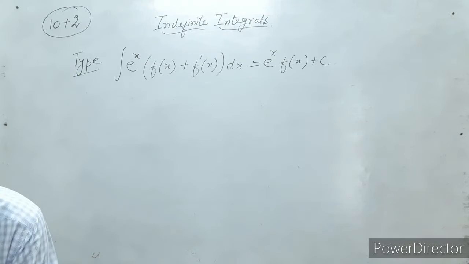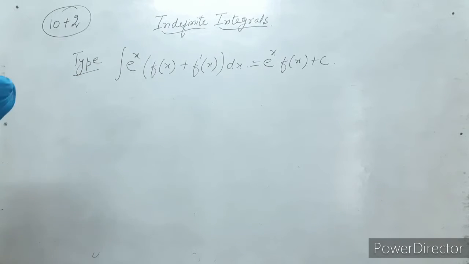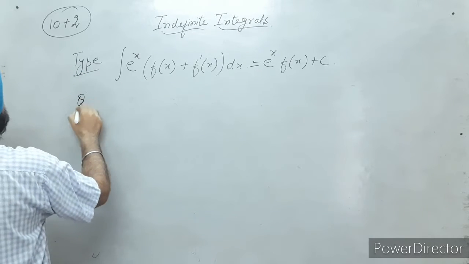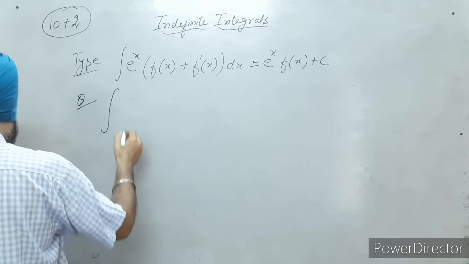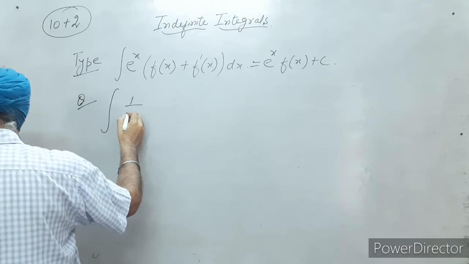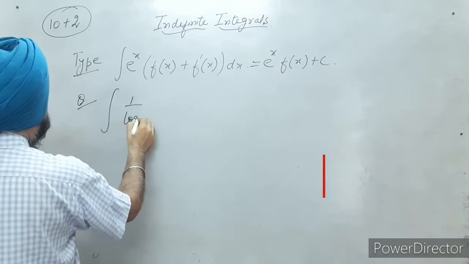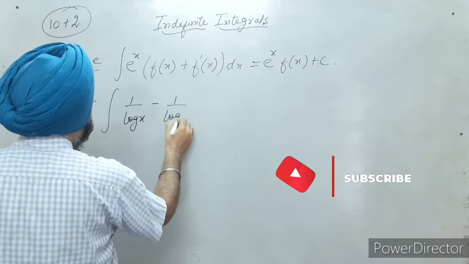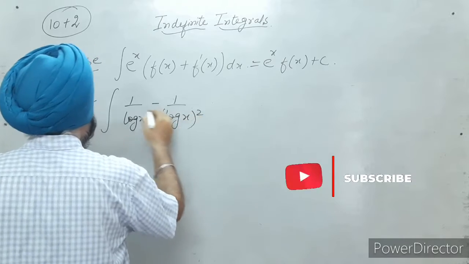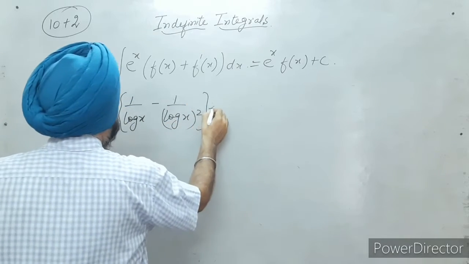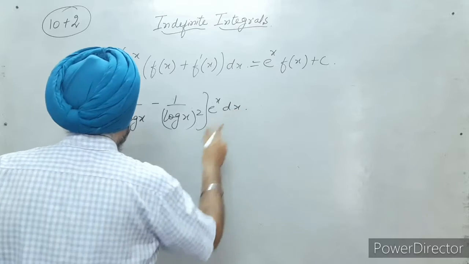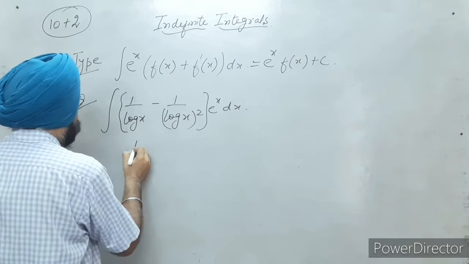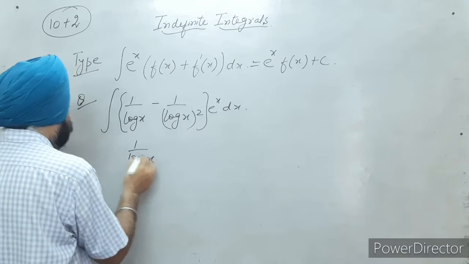Now, question is, integral of (1 upon log x minus 1 upon (log x) square) multiplied by e^x dx. Now, 1 upon log x, let me find its derivative.